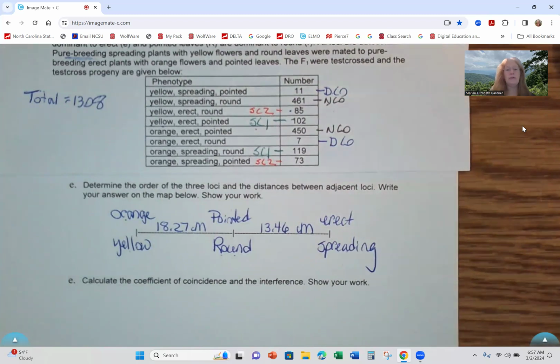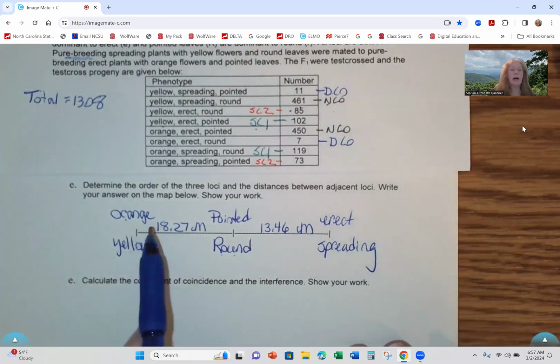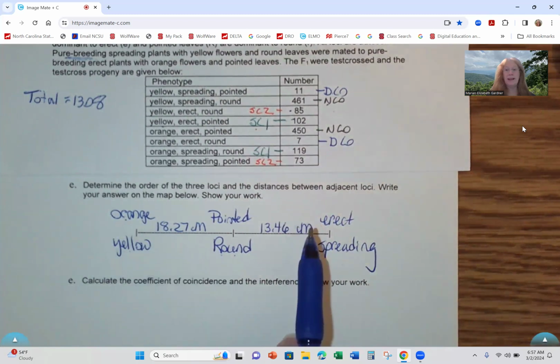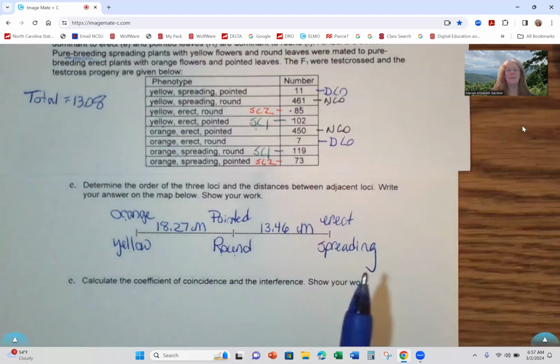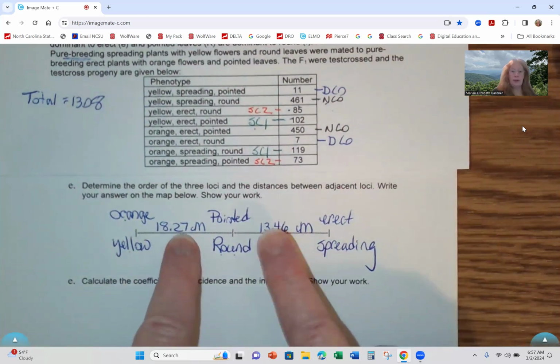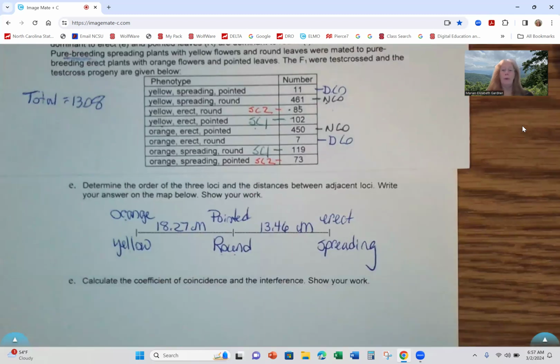The coefficient of coincidence and interference give us an idea as to whether or not a crossover in region 1 affects the probability of getting a crossover in region 2. And we do that by determining whether or not there's independence in the crossover between those two regions. Remember, if two things are independent, the probability of them both occurring is just the product of the individual probabilities.